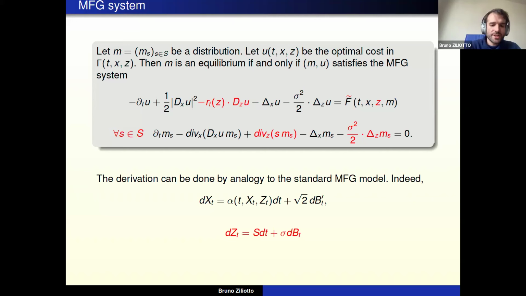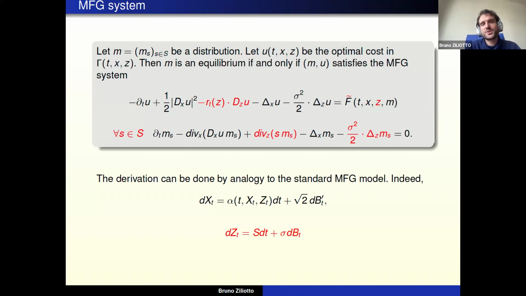But yeah, formally it's rather easy to derive. But conceptually, you may wonder, okay, but is this a classical MFG system at the end? Can we say that it's an MFG system on an extended space X, Z, position and signal? Not really, because the problem is that the second equation is a collection of Fokker-Planck equations.